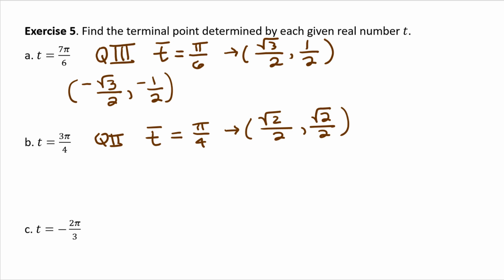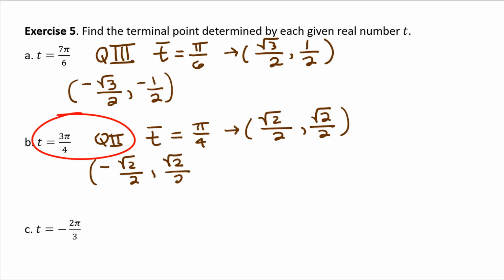Now, accounting for the fact that 3 pi over 4 lies in quadrant 2, the x value is negative, so we have negative square root of 2 over 2, but the y value is positive, square root of 2 over 2.